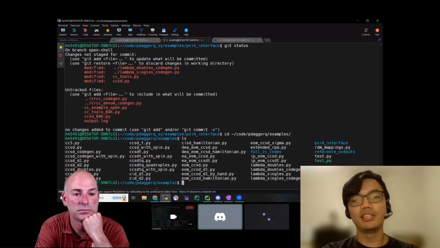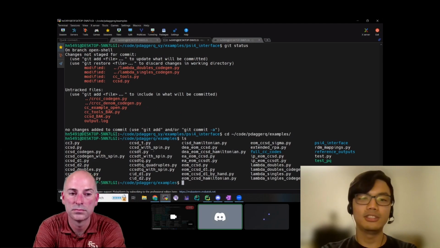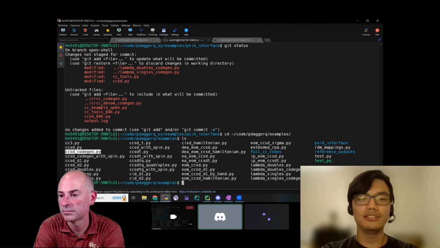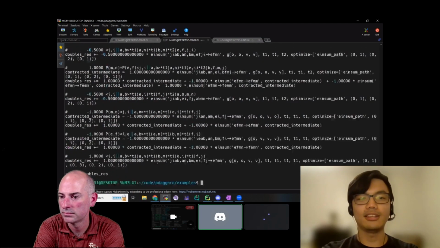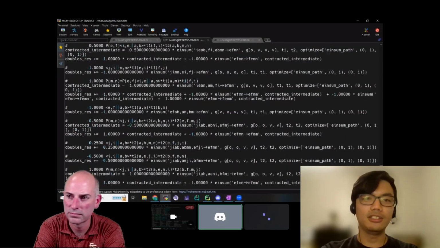So if you go to the examples directory under the root PDagger-Q, then all examples which have codegen will give you working equations and code. So for example, if we do that, look at that, einsum. And it even gives you the function header and whatnot.